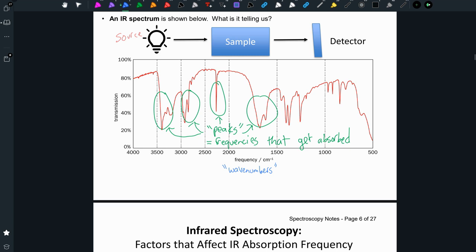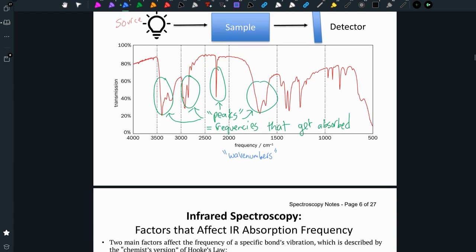If you use the frequency in terms of per second, those frequencies end up being really big numbers, and no one wants their x-axis to be in scientific notation. So they said, what if we changed it to how many waves there are per centimeter? And that gave us a scale where, oh, look, it goes from about 500 to 4,000. Those are numbers that our brains are happier to deal with. So really, it's a unit of convenience, these wave numbers.